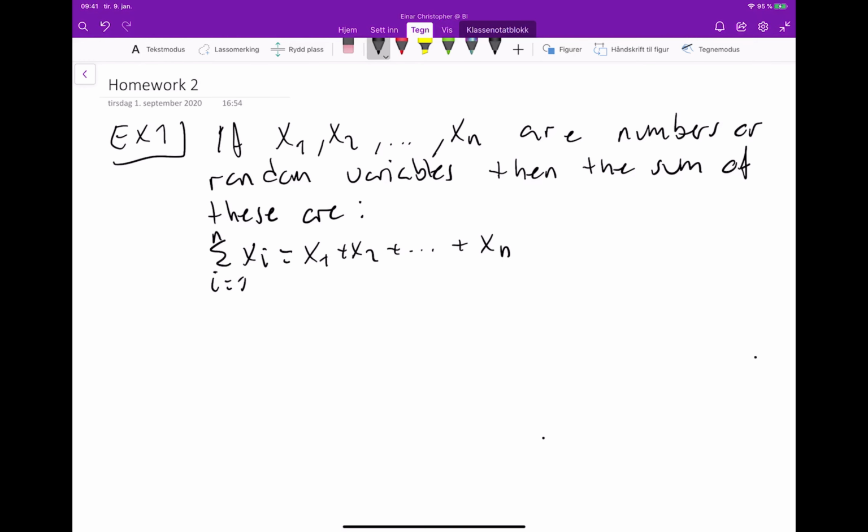That's the sum. And in this exercise we shall use this information, and we shall also use that a and b are constants in this exercise.